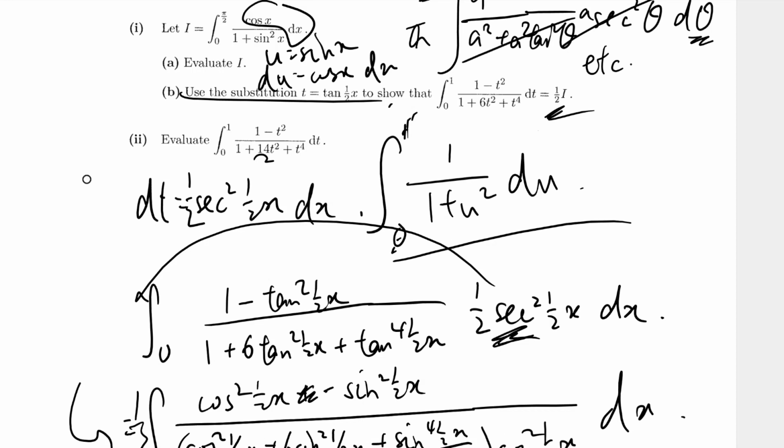Classic STEP question. They show you how to do the easy one, and then they want you to do the hard one without giving you the substitution. This is a classic STEP. And that's how you are trained to become a better mathematician as well, I suppose. So 14t squared. Let's actually observe what's happening.